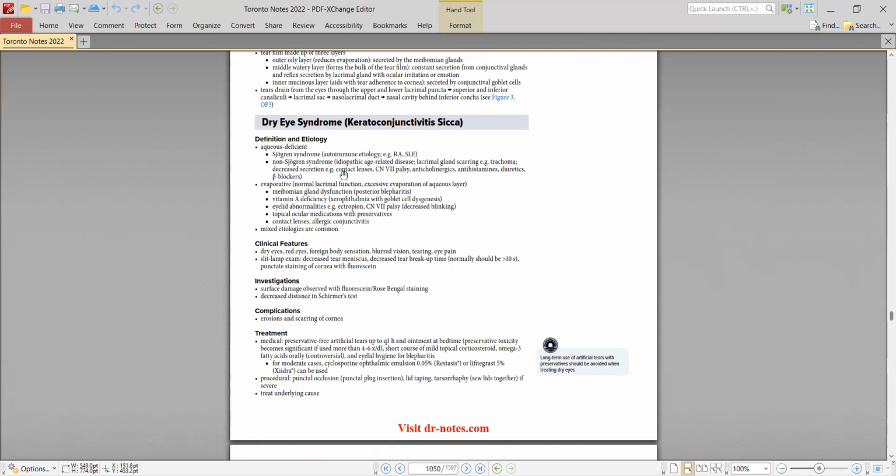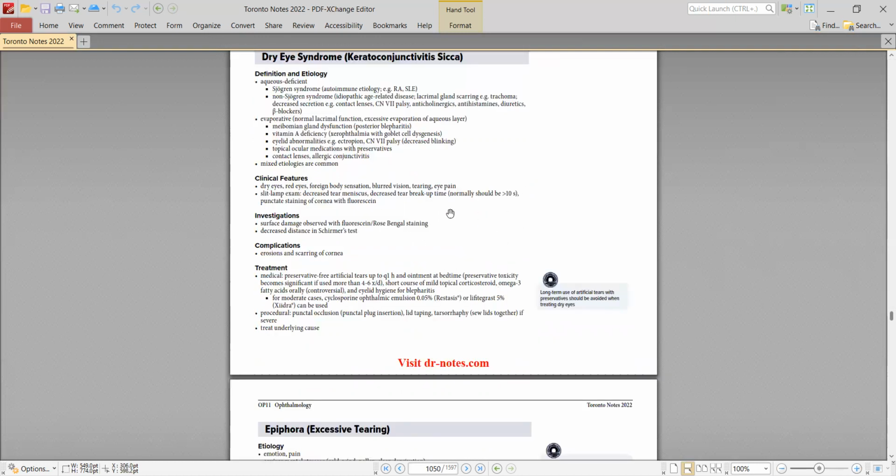Non-Sjogren syndrome means it can be trachoma or chronic use of contact lens, seventh nerve palsy, anticholinergics, antihistaminics, diuretics, vitamin A deficiency, topical medications with preservatives, eyelid abnormalities.